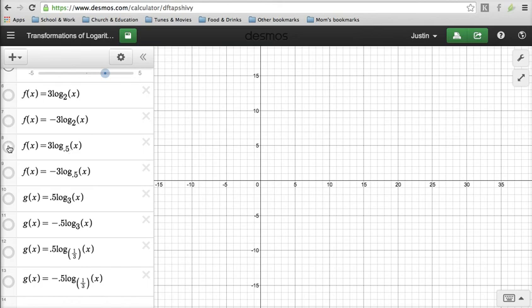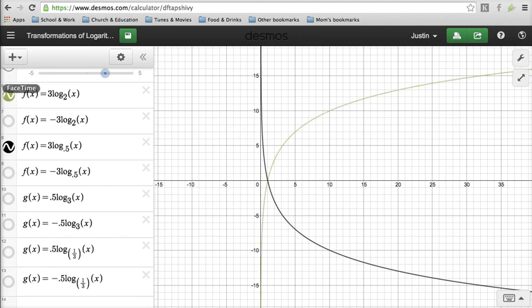Let's see what happens there. Again, it's like it was reflected from this original one over the x-axis. And then lastly, it's -3 log base 1/2. So let's look at that.